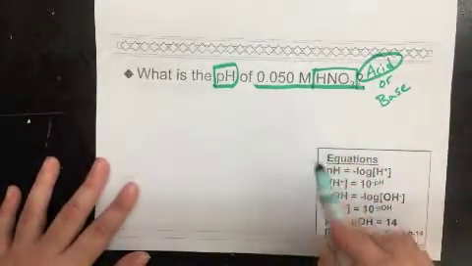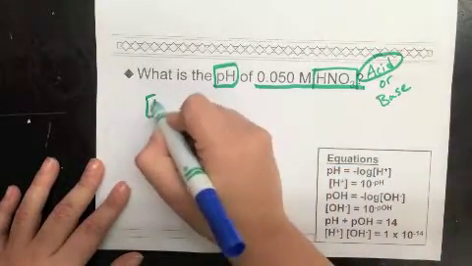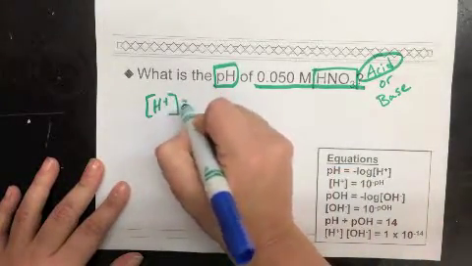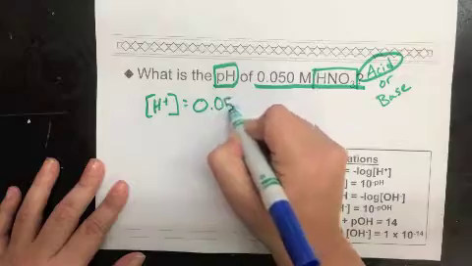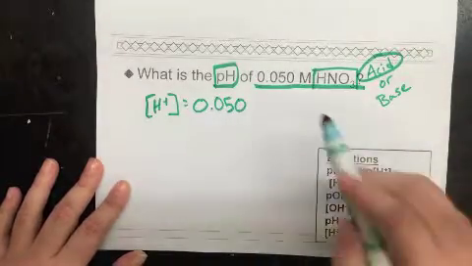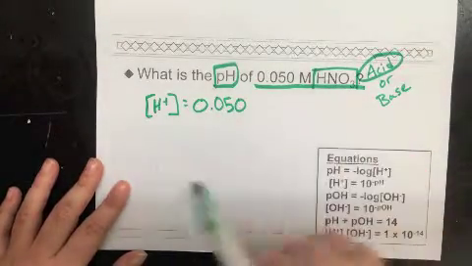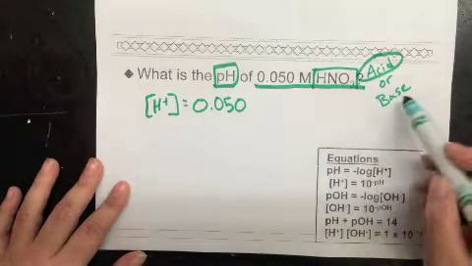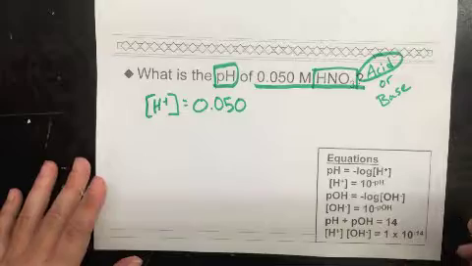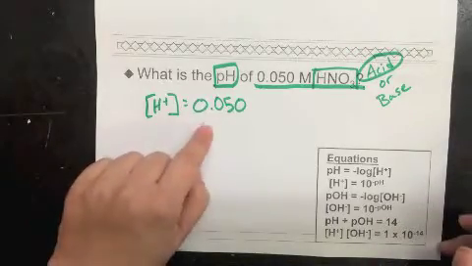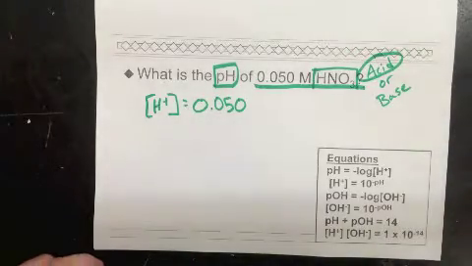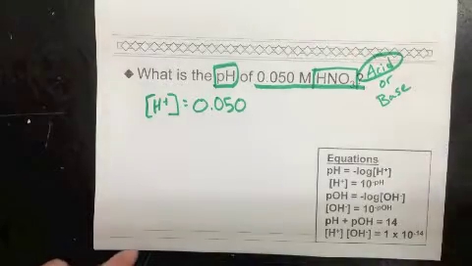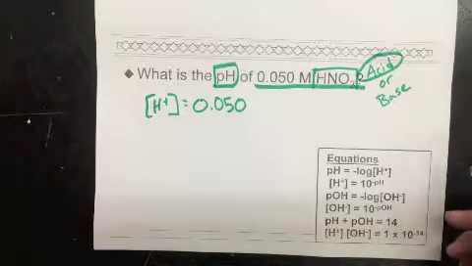Now since this is an acid, this tells you the H+. Again, if I give you the concentration of an acid, I'm actually telling you the H+. If I give you the concentration of a base, I'm giving you OH negative. So you're given H+ and you're trying to find pH. Then it's just a matter of looking at your equations and figuring out which one to use.